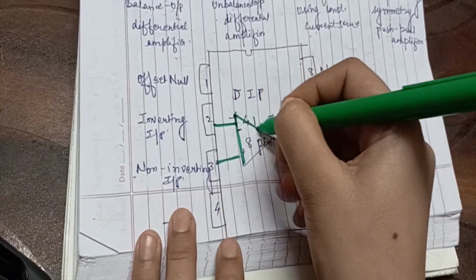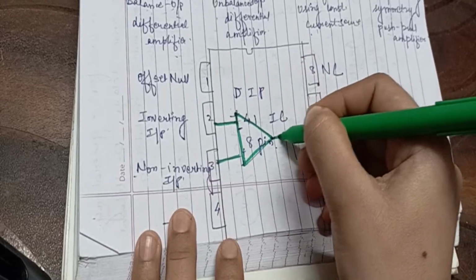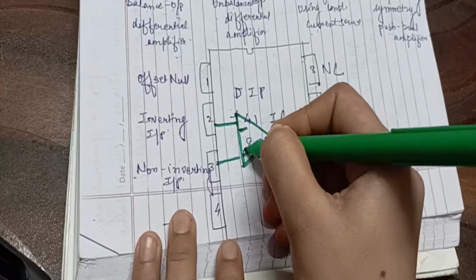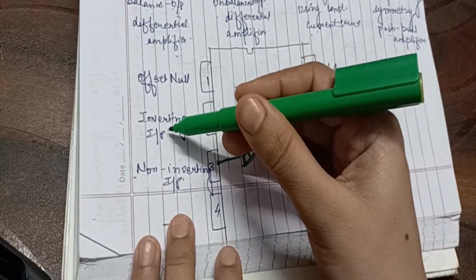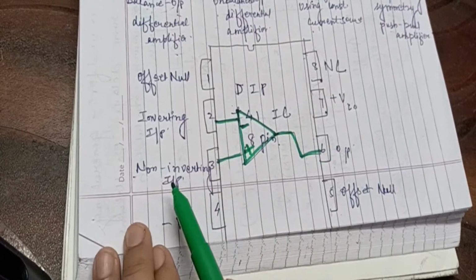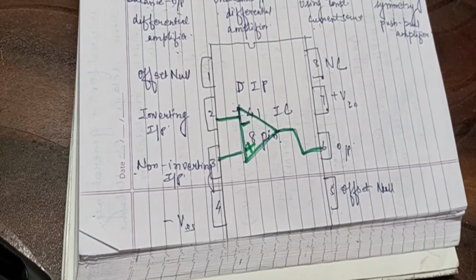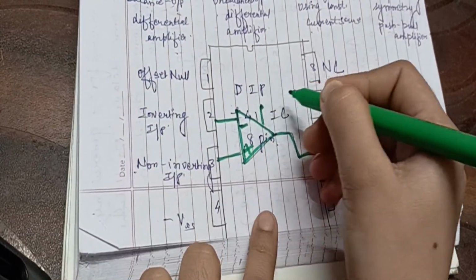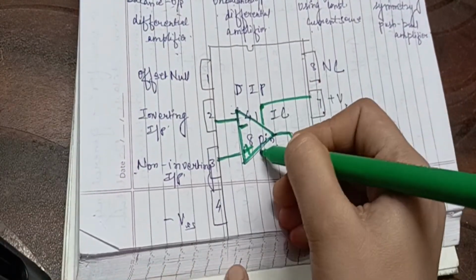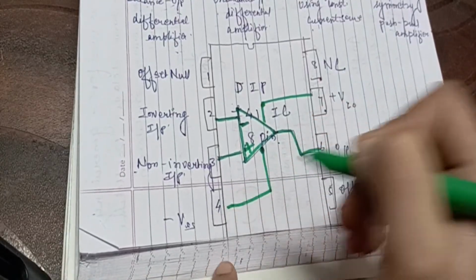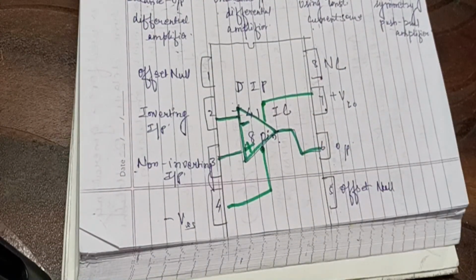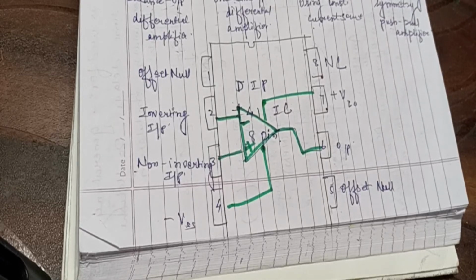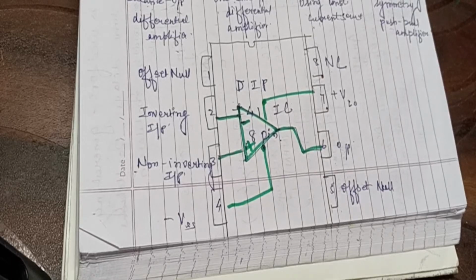These are the inputs, and here pin 6 is the output, with negative and positive inputs. Negative means inverting input, positive means non-inverting input. From here plus VCC, and from here minus VCC is maintained. So this is the internal structure of the op amp.